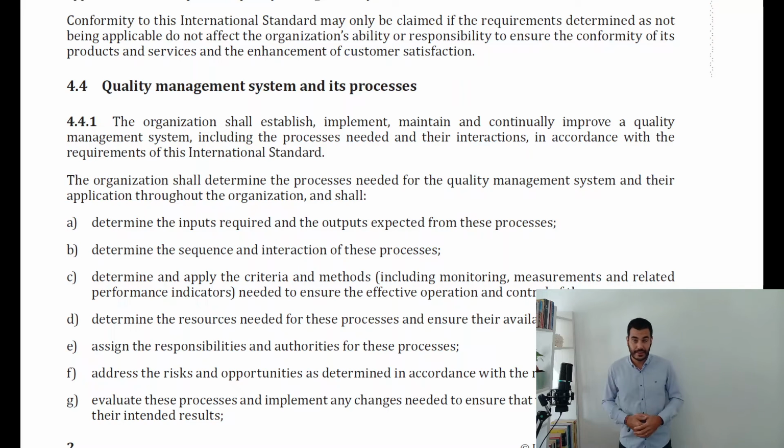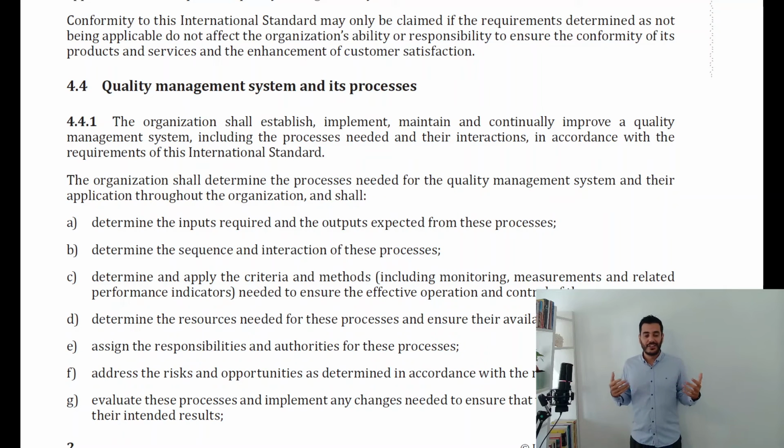Assigned responsibilities. Okay, so in clause 7.2 we have competence, and in clause 5.3 we have roles and responsibilities. Address the risks and opportunities as determined in accordance with requirements. We have a clause within clause 6 that talks about risks and opportunities.